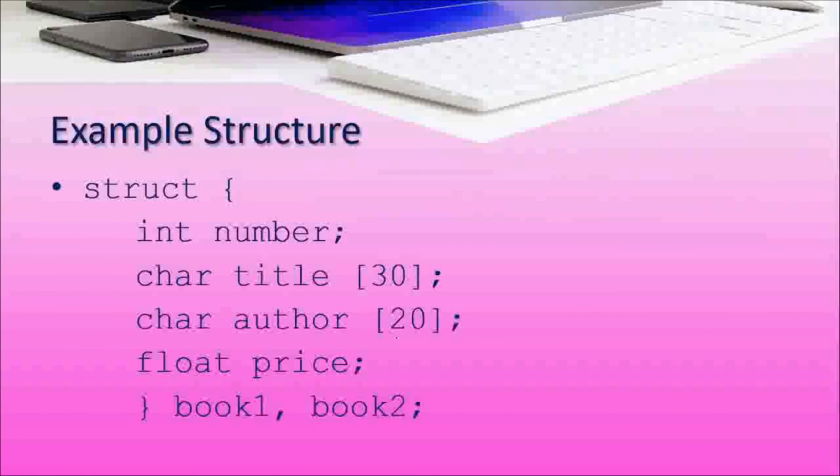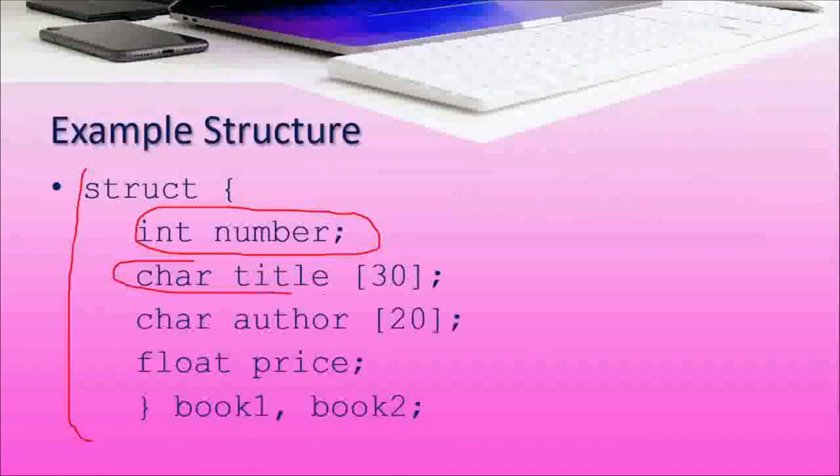An example structure declaration is given here. The keyword is struct, then the braces start: int number, so it is an integer value, and the name of that variable is number. Then char title 30, so it is a character array, the name is title.